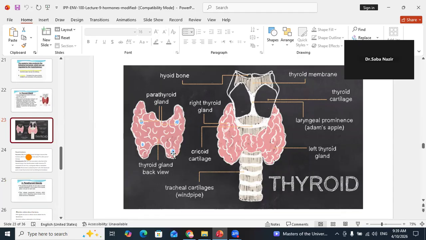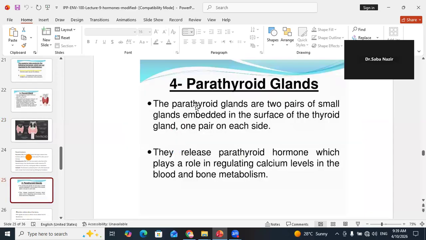Is that okay, beta? They are saying the parathyroid glands are two pairs, which means there are four structures. I don't mind saying it four, but ideally two pairs, one pair on each side. They release parathyroid hormone which regulates the calcium level.